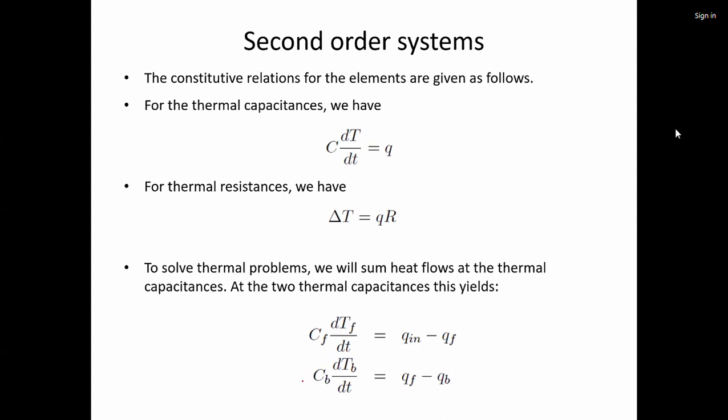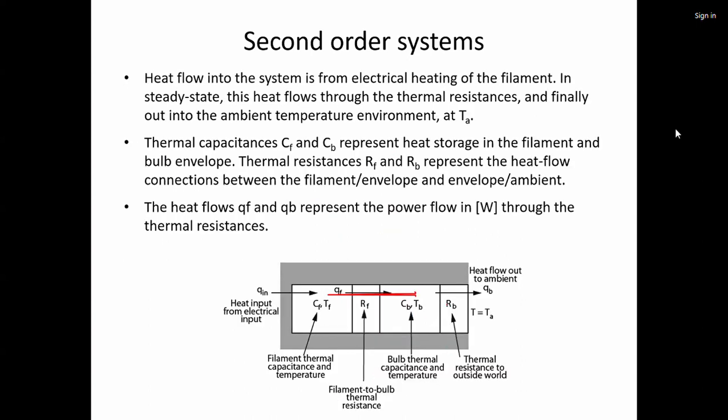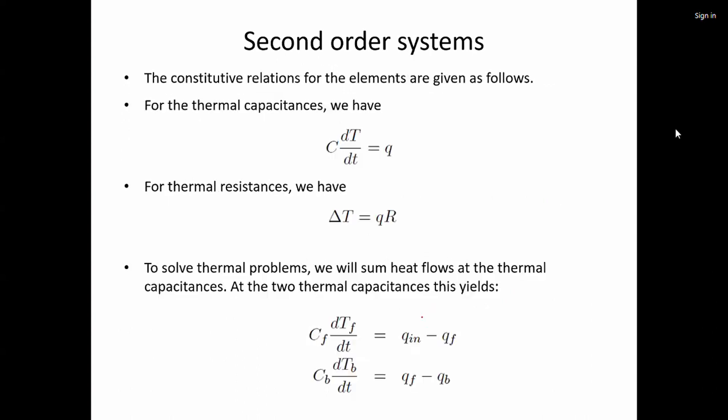Similarly, the capacitance of the bulb times the rate of change of temperature of the bulb will give you the net heat flux. That is, QF is coming to the bulb and QB is leaving from the bulb. So essentially, here we have two different equations.